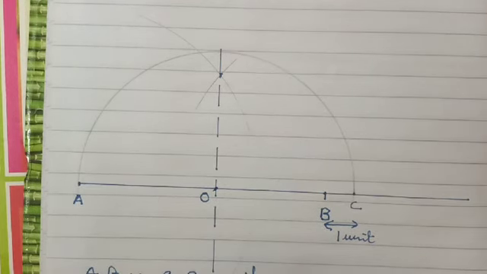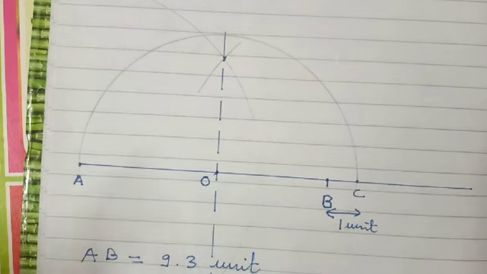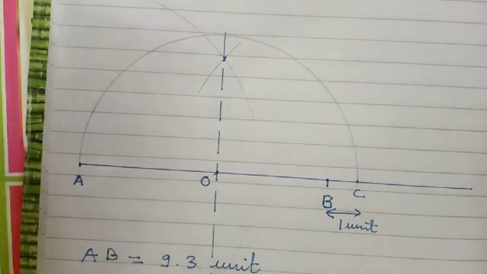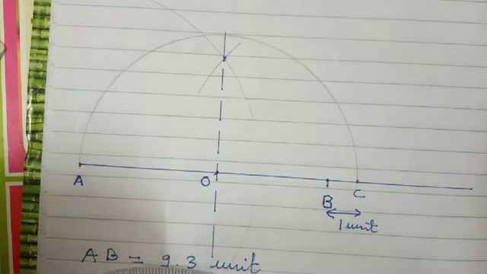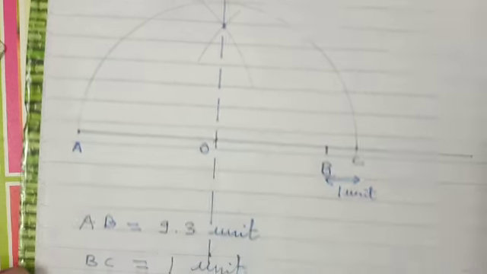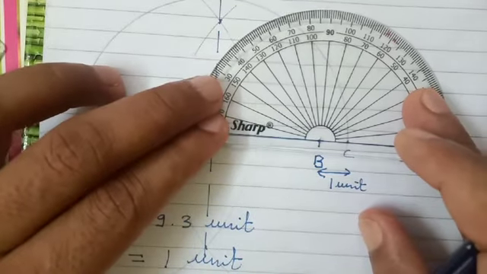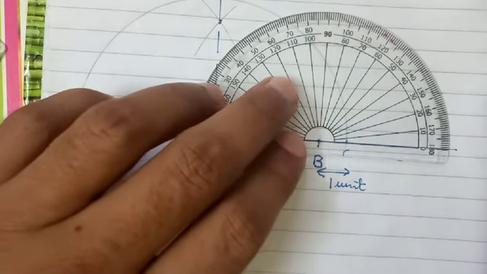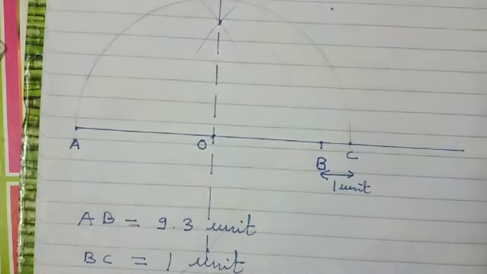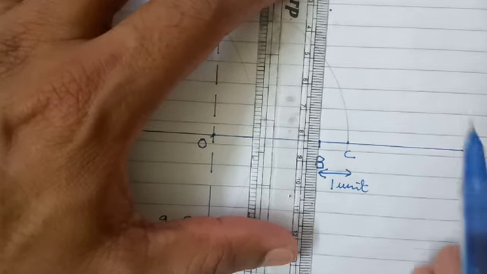Okay, now at point B we should make a perpendicular line. For making a perpendicular line at point B, we should draw a 90-degree angle at point B. Now draw this perpendicular.